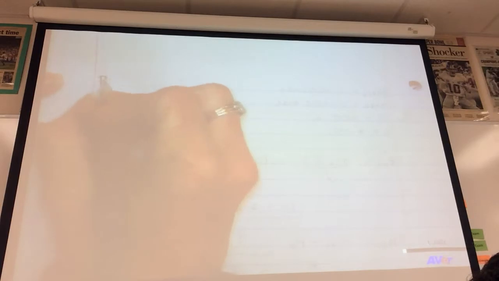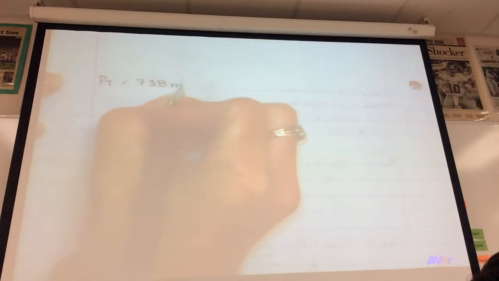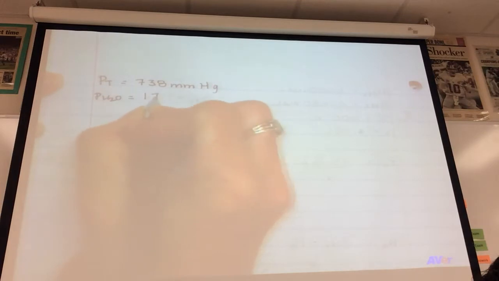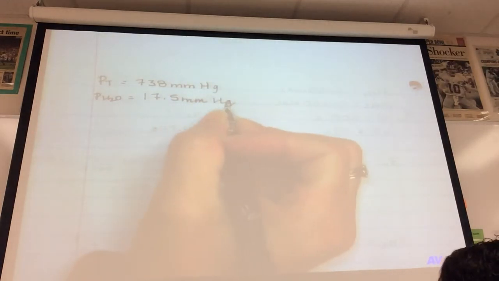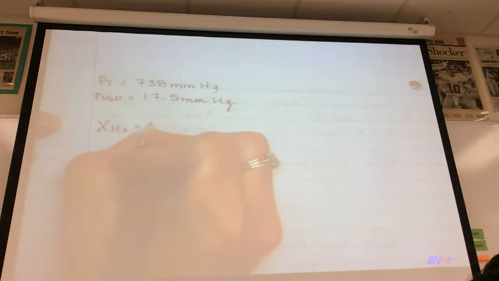The total pressure is 738 millimeters of mercury. The pressure of the water vapor is 17.5 millimeters of mercury. They want to know the mole fraction of the hydrogen gas.